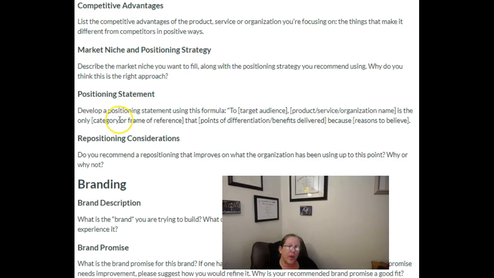And then you're going to create a positioning statement. You're going to develop a positioning statement using this formula: to the target audience, and then the product, service, or organization's name, is the only category or frame of reference that points of differentiation and the benefits delivered because, and the reasons why you believe this positioning statement.